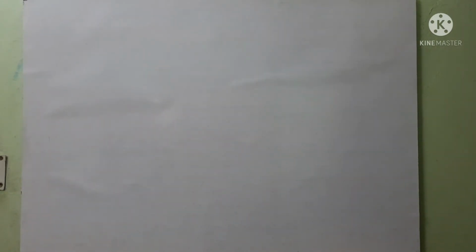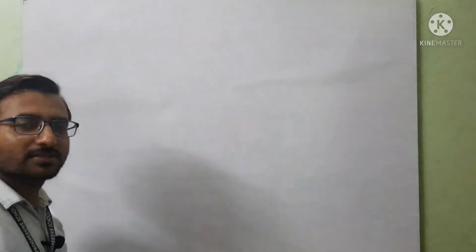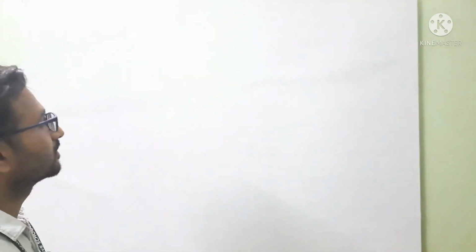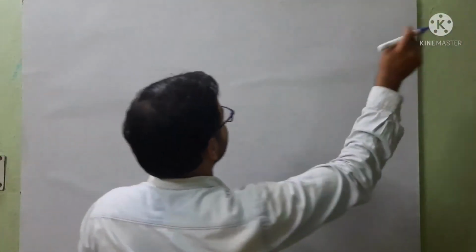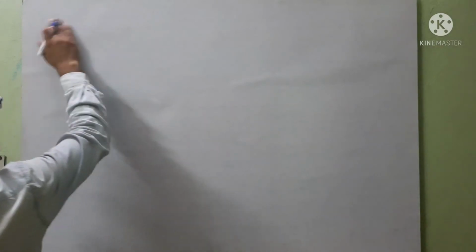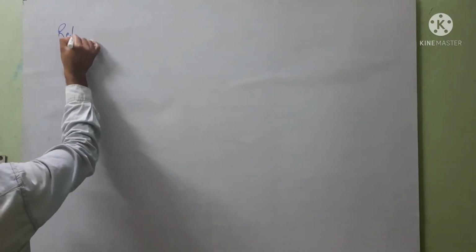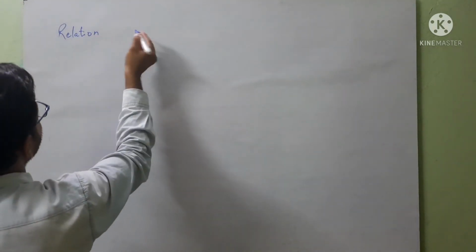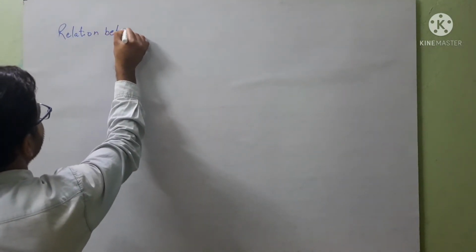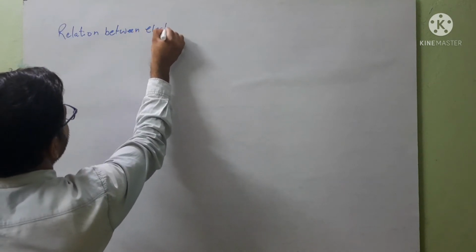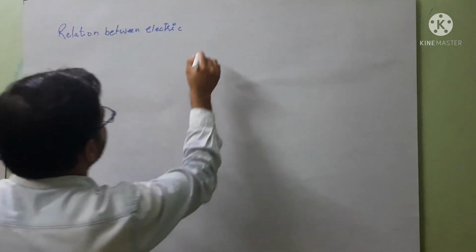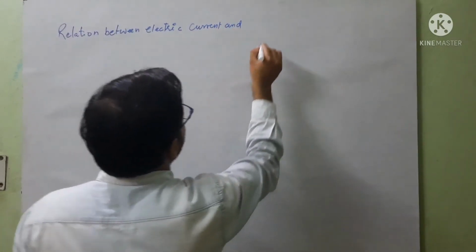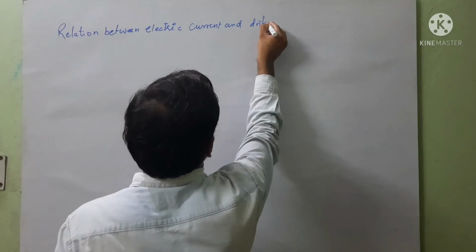So dear student, after the discussion about the drift velocity derivation and the mobility, here we will talk about the next heading, which is the relation between electric current and drift velocity.